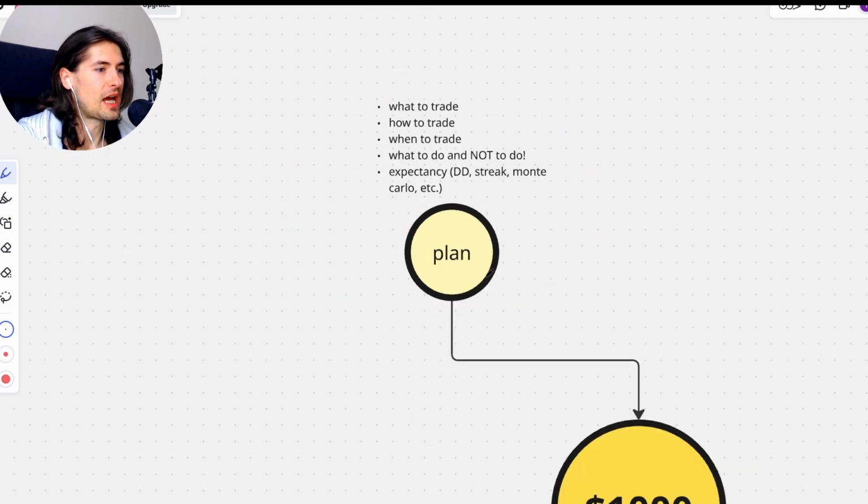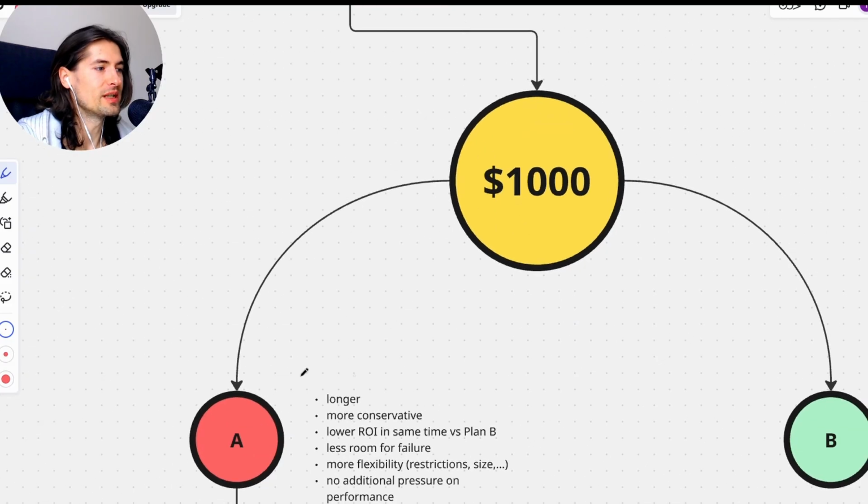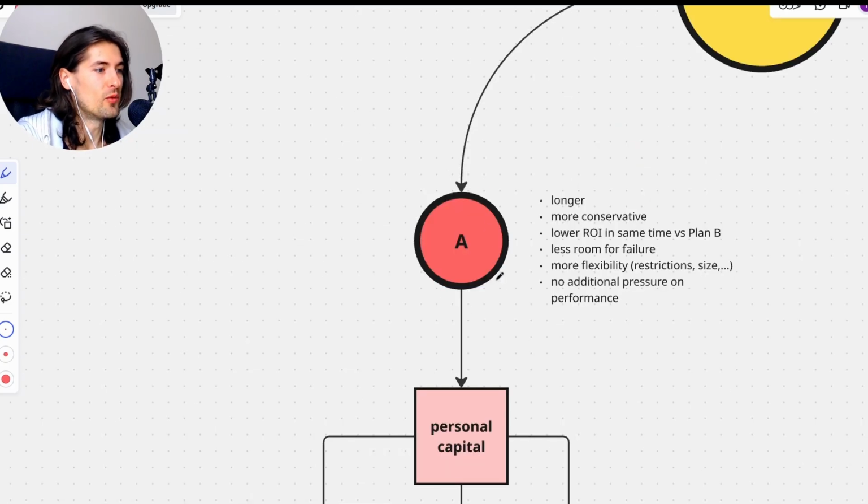Now once we have the plan, what are we going to do? Well, we have plan A and plan B, and it depends on how you want to spend your money. Plan number 1 focuses on personal capital. When trading personal capital, you have to be okay that it's going to take a little bit longer, sometimes way longer, to get to this 10k, depending on the risk exposure and things like that.